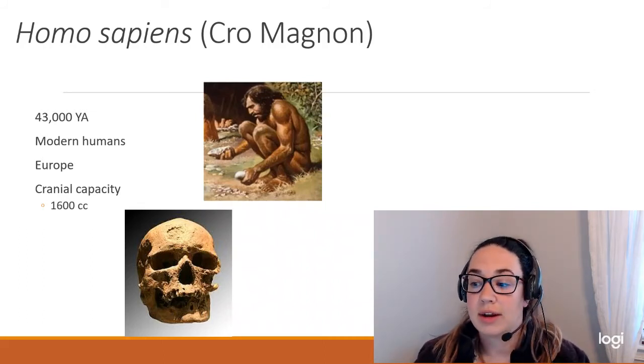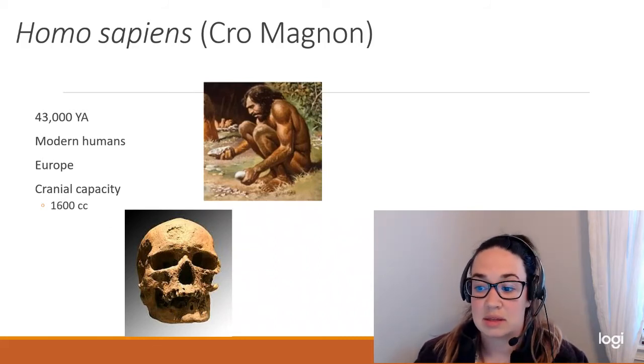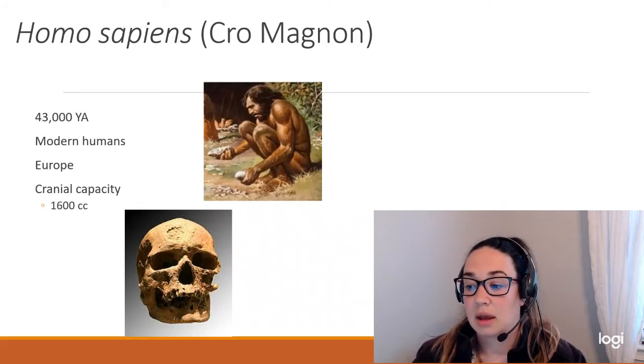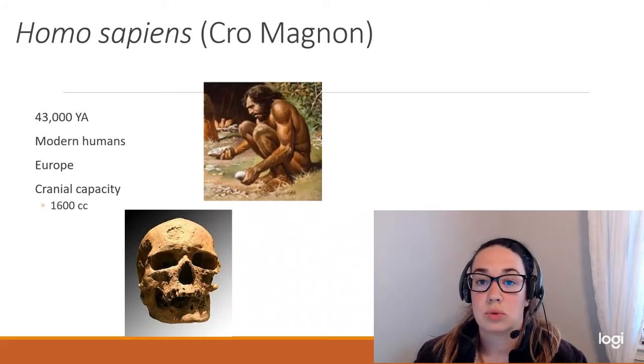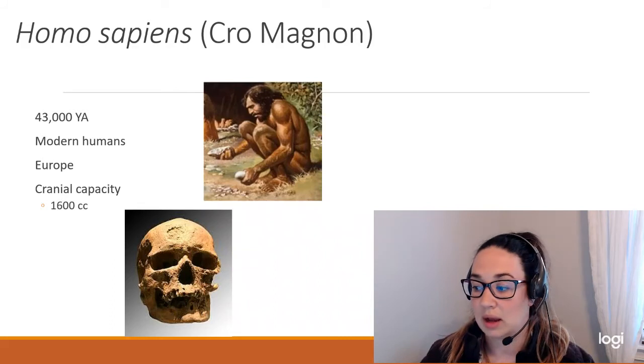And so their cranial capacity was still about 1,600 centimeters. And so the human skull in this image here is very modern human-like, the Cro-Magnon species. And obviously they were hairless tool users, and over time they became more and more like us.